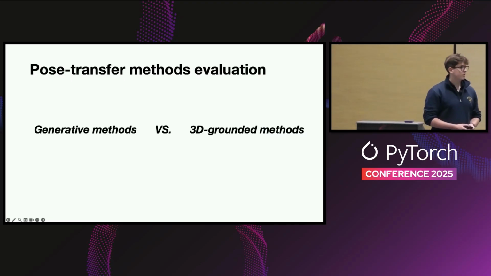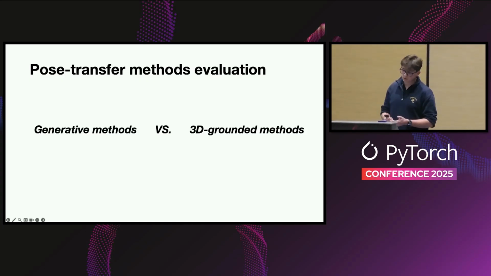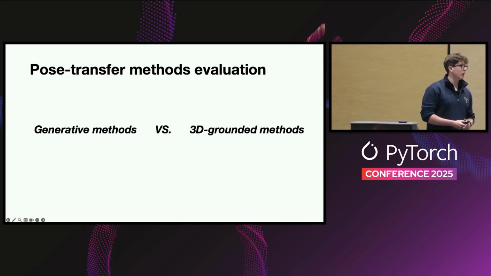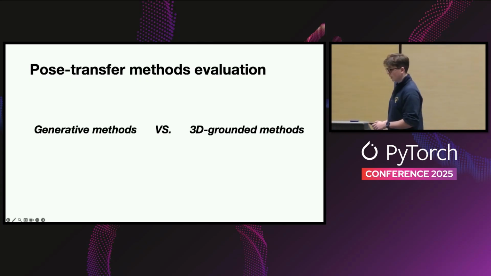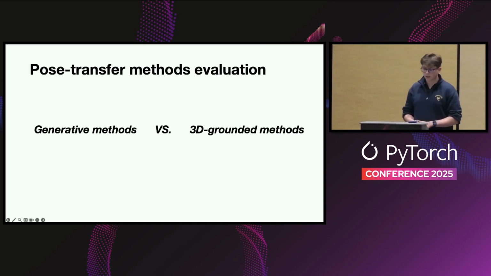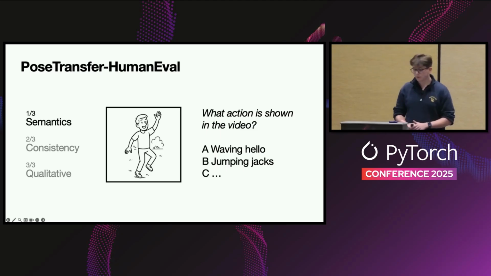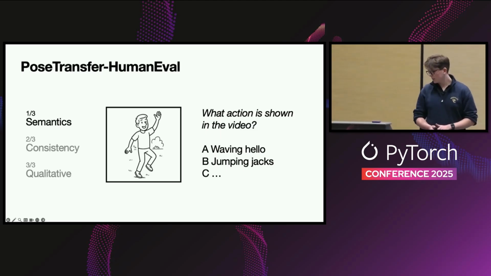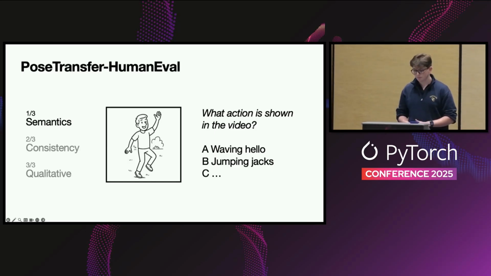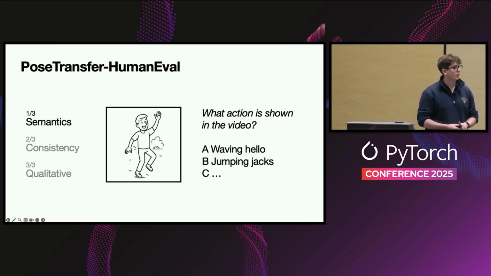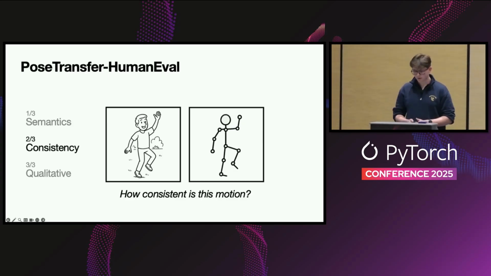First, we had to evaluate what type of pose transfer methods to use. There are mainly 2 types, generative methods or 3D grounded methods, or hybrids in between. So we came up with a human evaluation task, which has 3 parts. First is semantics, where you ask what action is shown in the video, people answer, and then you compute the percentage of correct guesses.